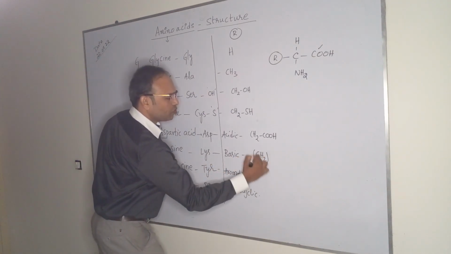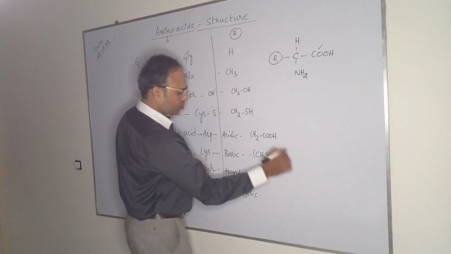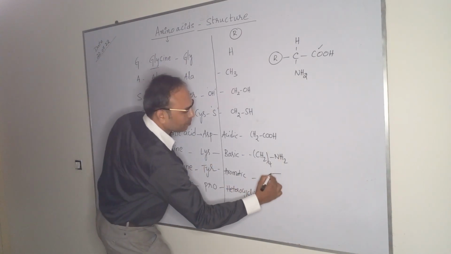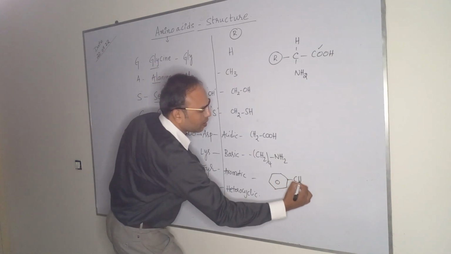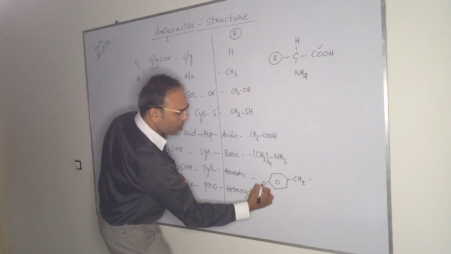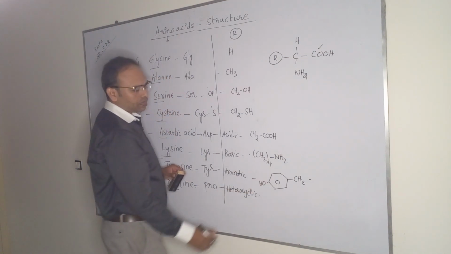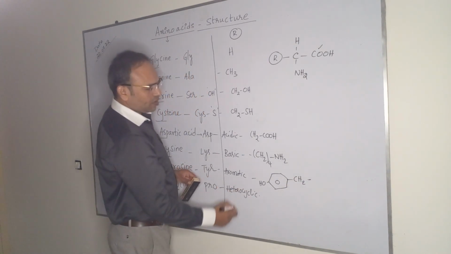So 4 methylene groups CH2 are present, and an NH2 group. Aromatic ring is present, and at para position, you know para position, OH. So this is R.